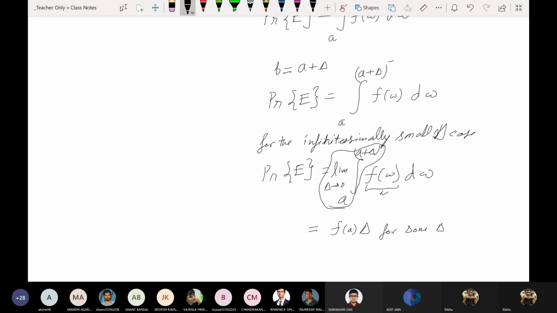Yes, we are taking an approximation, that the probability density remains constant over that delta.